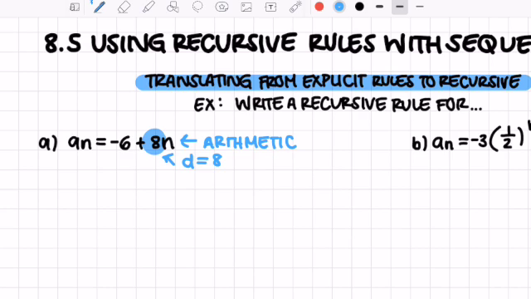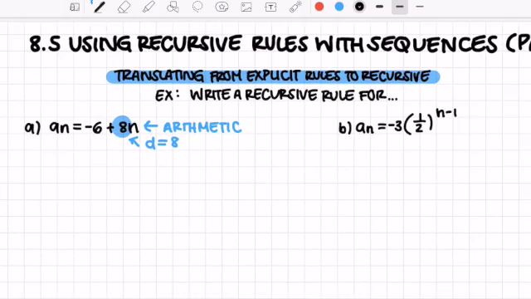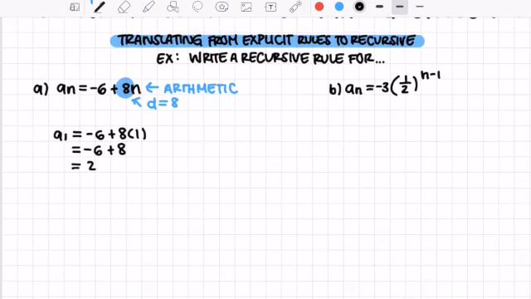Once I have that down, I also need to identify what my first term is. So a sub 1 would equal -6 plus 8 times 1, and that equals -6 plus 8, which is just +2. Cool. So now that we have our first term, we also know the value of our difference, we can create our formula.